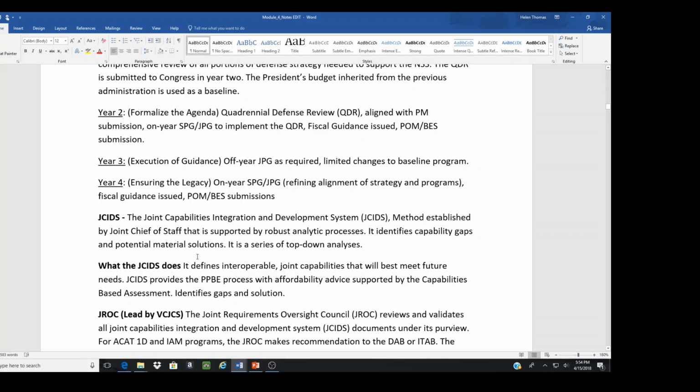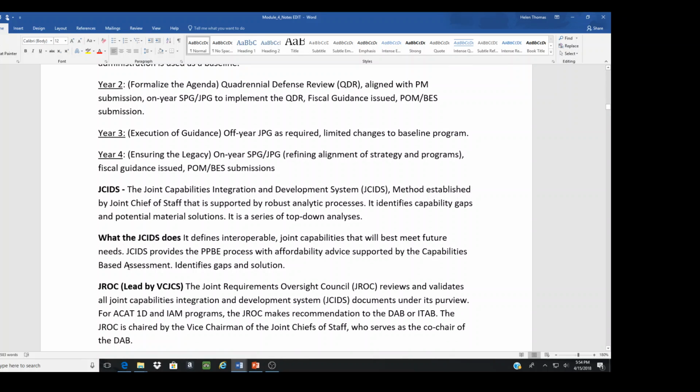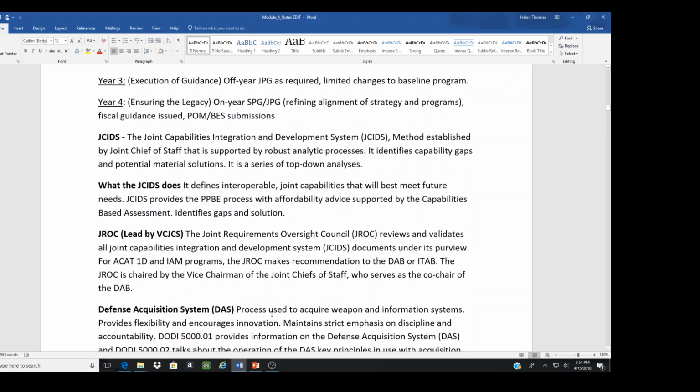So just to recap then, to add to this, remember that JSID is the responsibility of the Vice Chairman of the Joint Chiefs of Staff, who is the Chairman of the Joint Requirements Oversight Council. So this is the council that's responsible for this system, the JSID. That's what that is saying here.